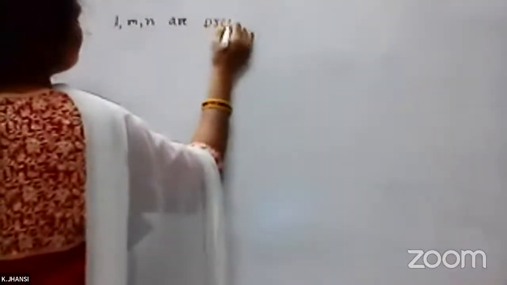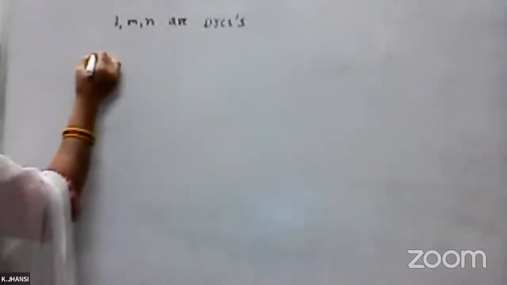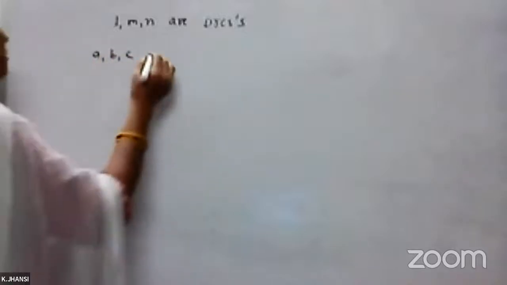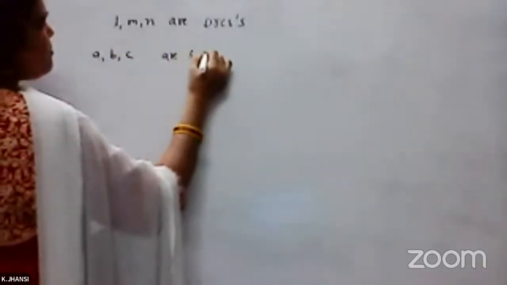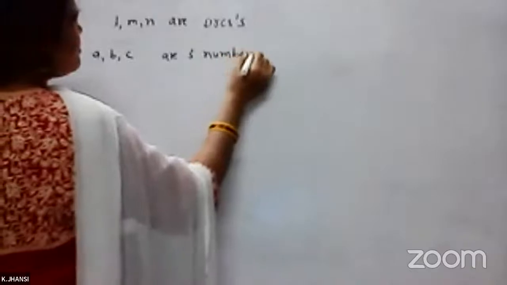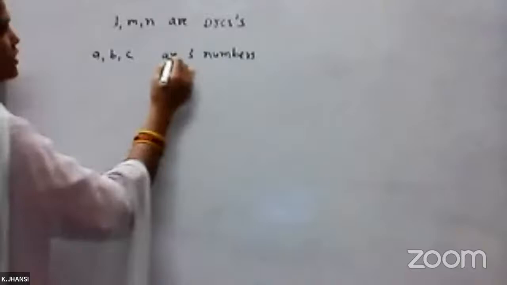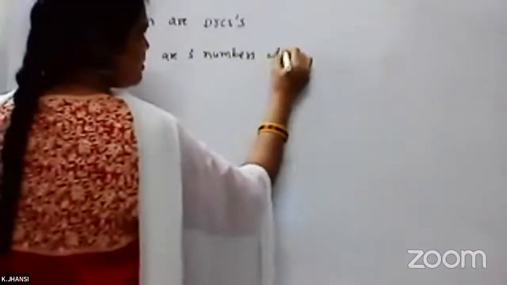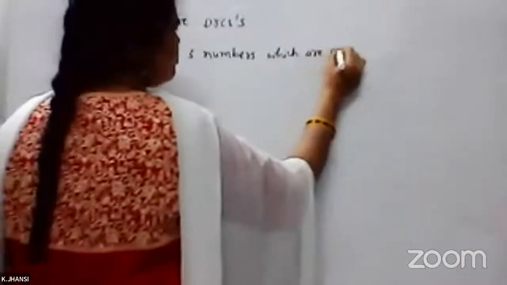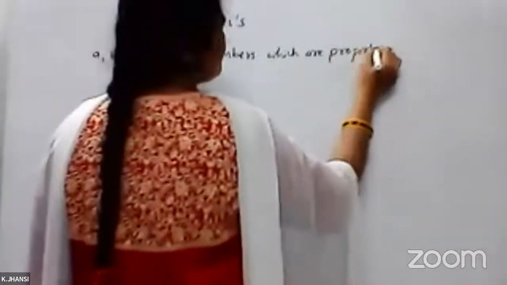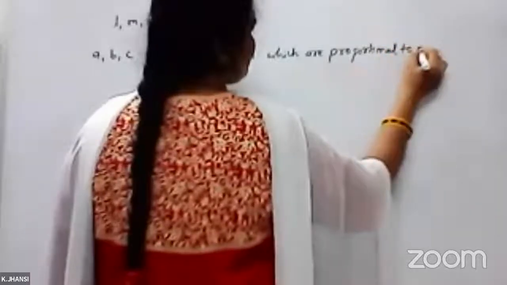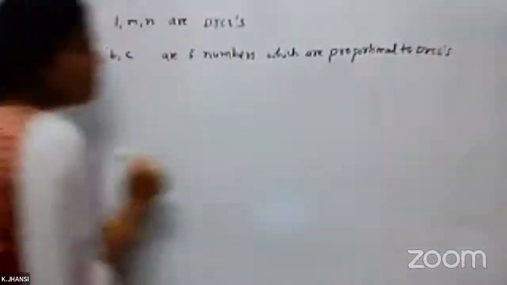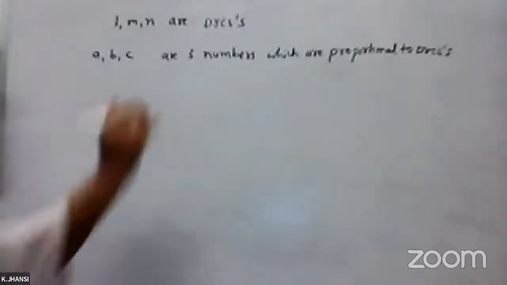And when we go to the direction ratios, any 3 numbers a, b, c are proportional to the direction cosines. Okay, so that relation you will get.